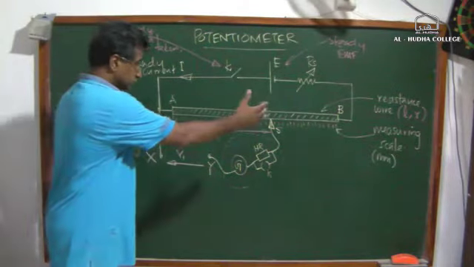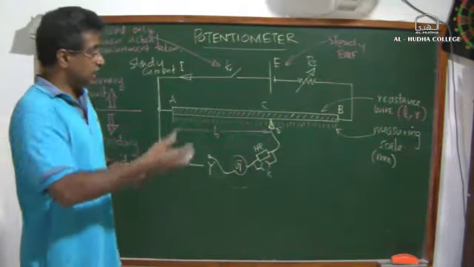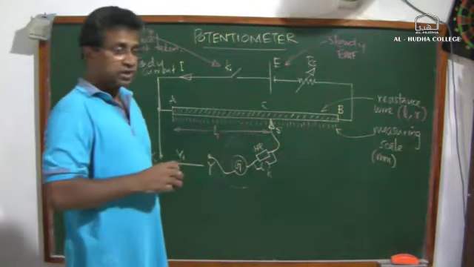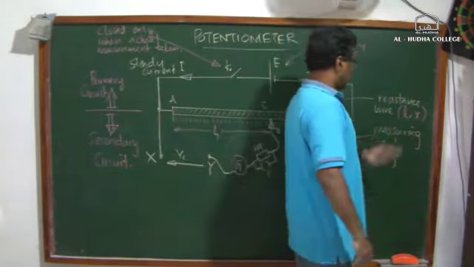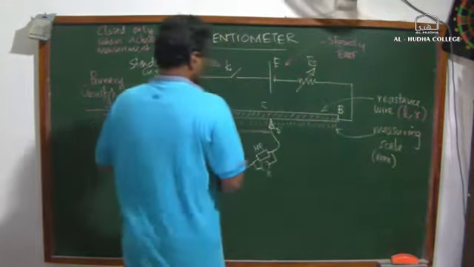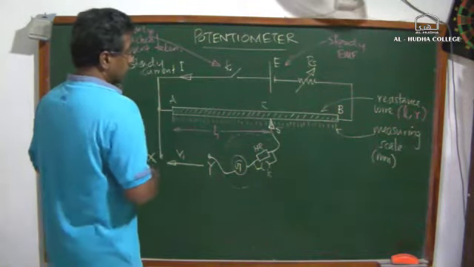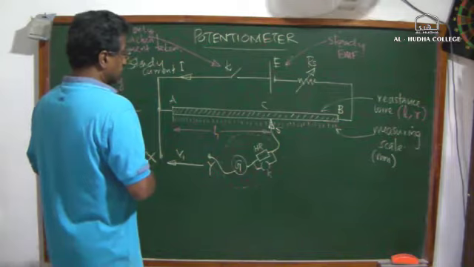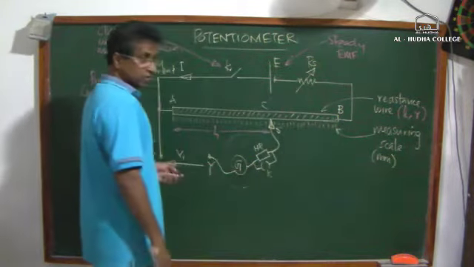If the total resistance of the wire is known and the length of the wire is known, you can divide and find out the resistance per unit length. So we should know L and R. Initially we can calculate the voltage drop across AB.